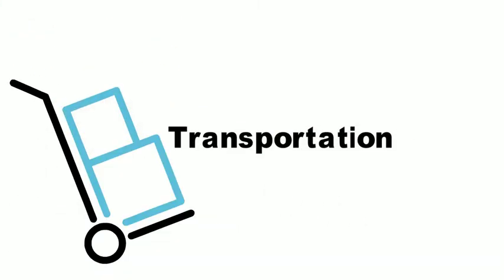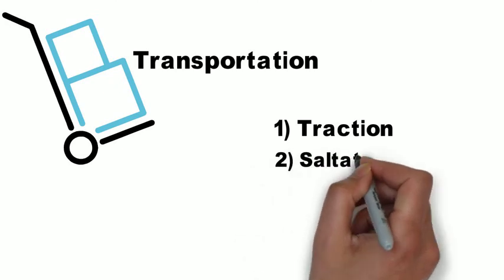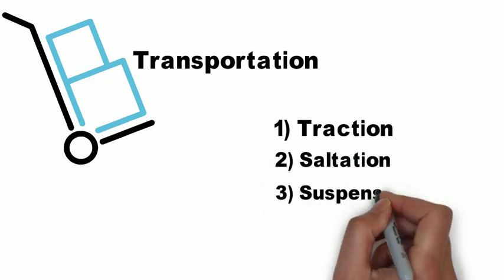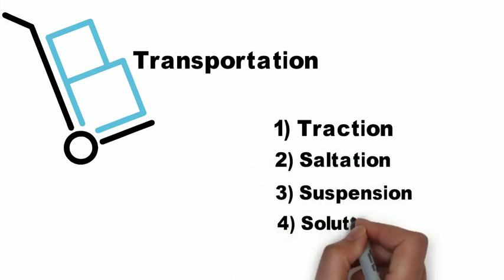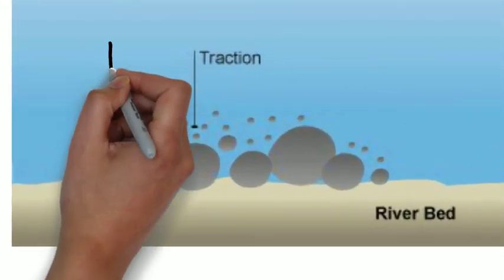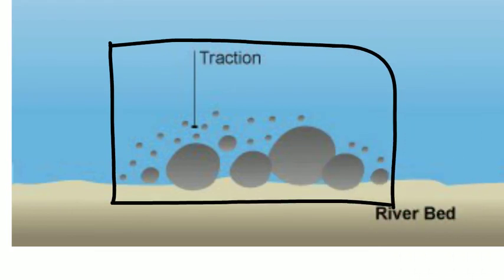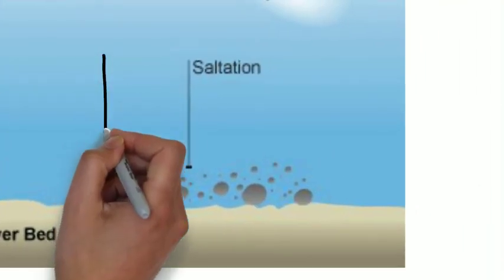Now, transportation. This is the movement of material. Beach material can be moved in 4 ways, including traction, saltation, suspension, and solution. Firstly, traction, which is large particles like boulders that are pushed along the seabed by the force of the water.